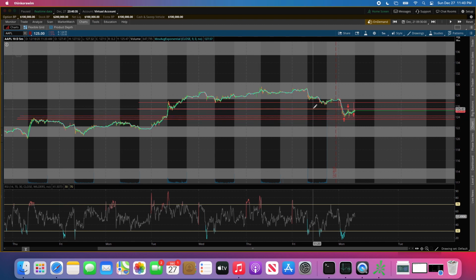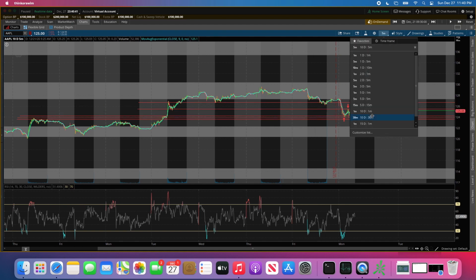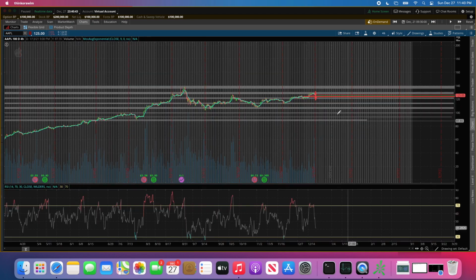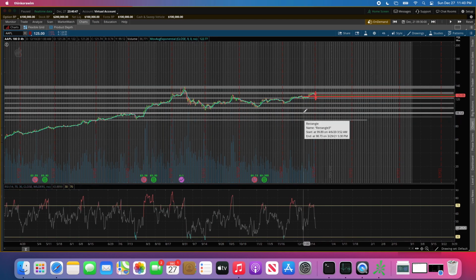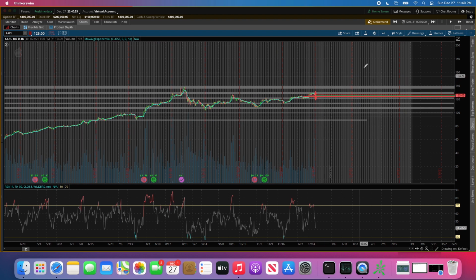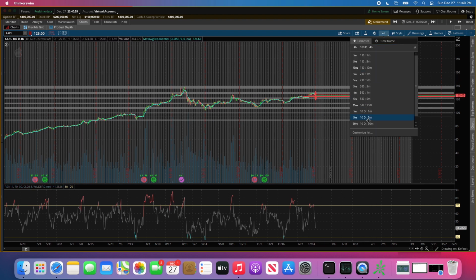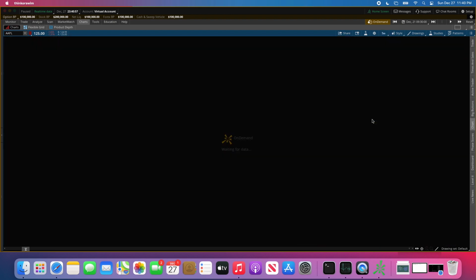On the 5 minute, I'm going to have them marked with these red lines as you see on screen. As far as my 4 hour, I'm going to have them marked with these horizontal shaded, I guess you could call rectangles. All right, but back to my 5 minute.